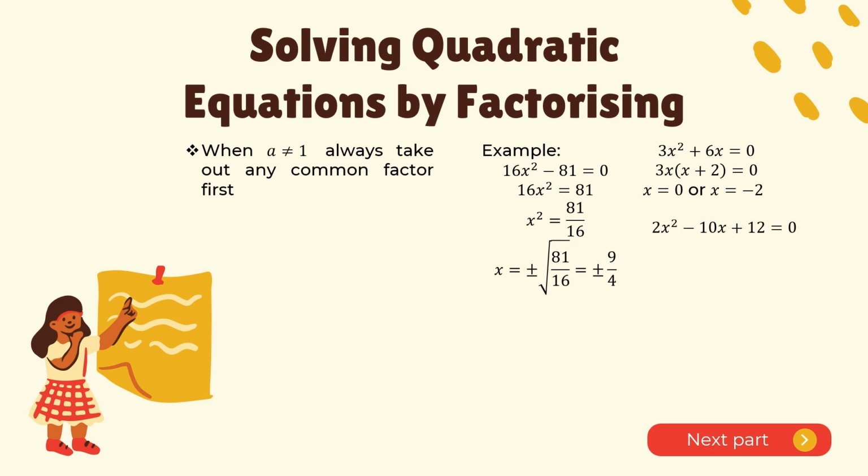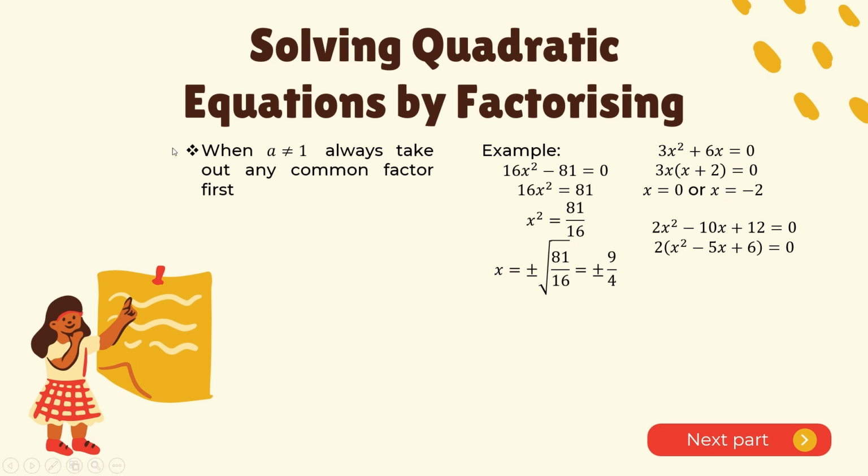The third example is 2x squared minus 10x plus 12 equals 0. From this one, we can also see that the common factor is 2. So we take out 2 and write the equation like this: 2 times x squared minus 5x plus 6 equals 0.